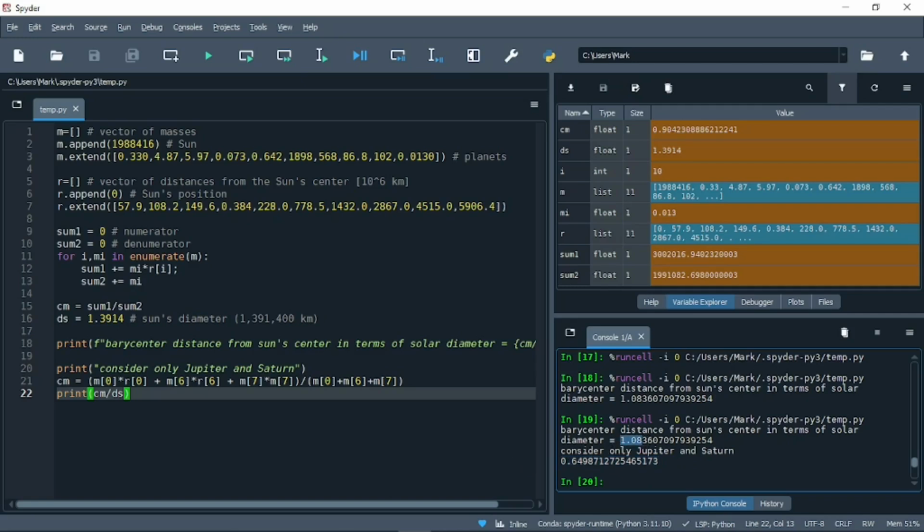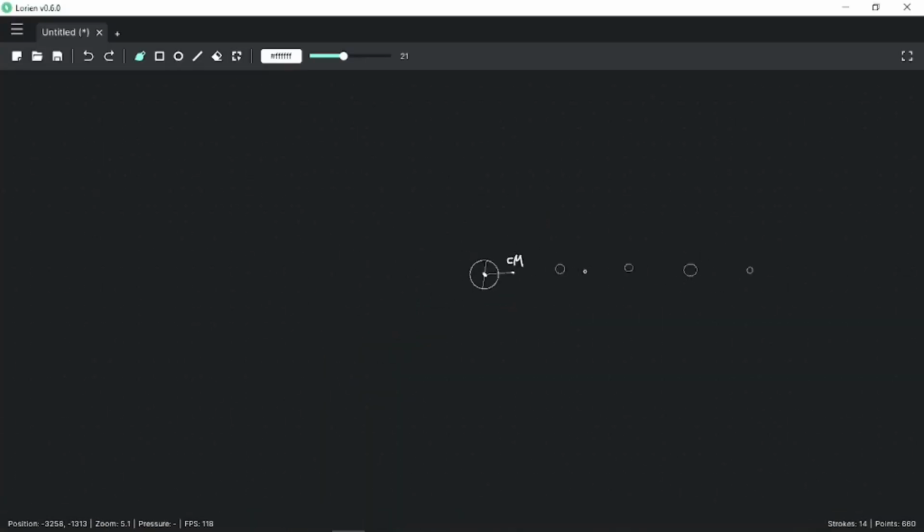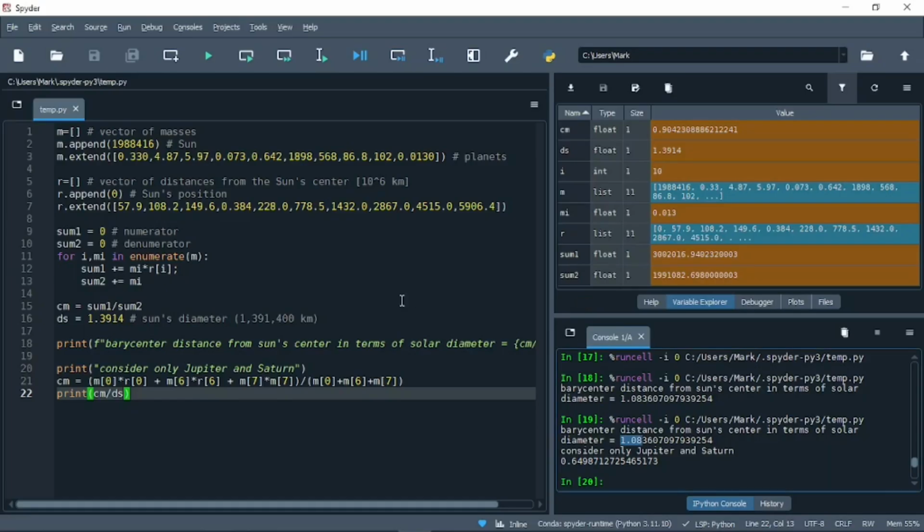We are considering only two planets, and in the first calculation we have all the 10 planets. But if this is like 1, this is almost like the 65%. So of course, since they have a really big mass, they contribute a lot.